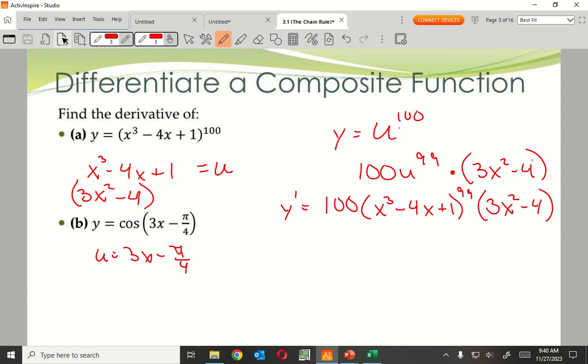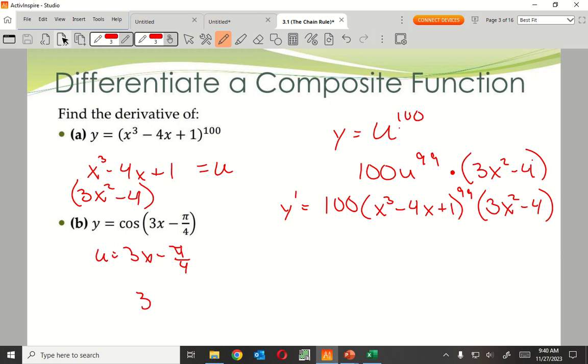That's my u. So I'm going to be looking for the derivative of this. That's the inside, right? Yeah. Derivative of the inside is going to give me just 3. So it's going to be 3.